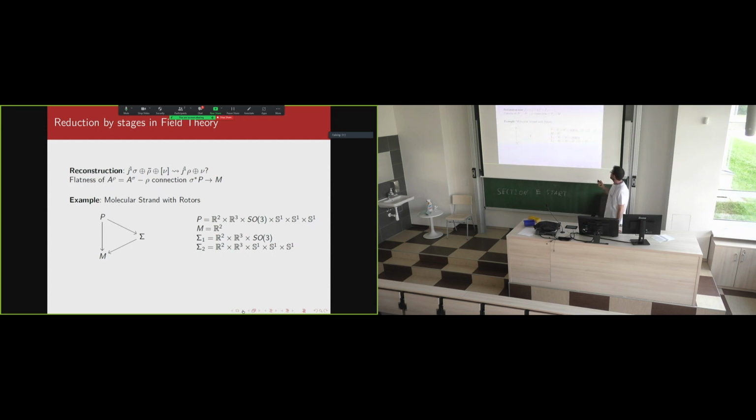And this has 2 different sources of symmetry, because we have the symmetry of the rigid body, which is SO(3), and then we have the symmetry of the rotors, which is S1, S1, and S1. And if we consider, instead of just one rigid body, a continuum of rigid bodies, like for example in some molecular strand, we can have an example of reduction by stages in field theory.